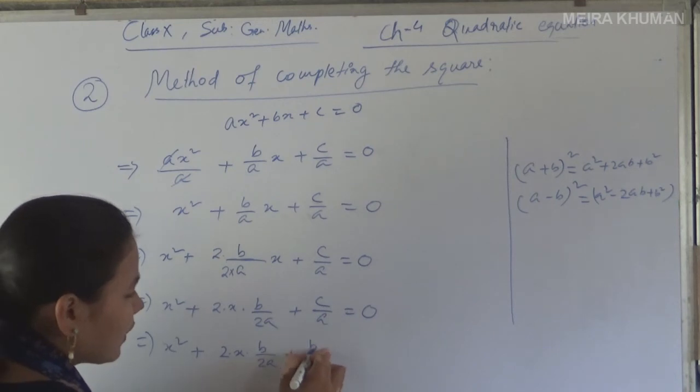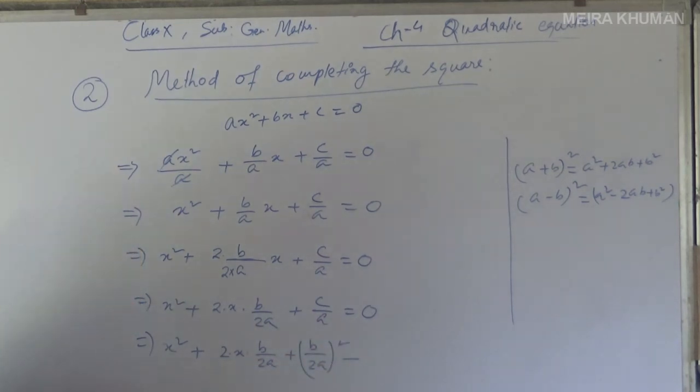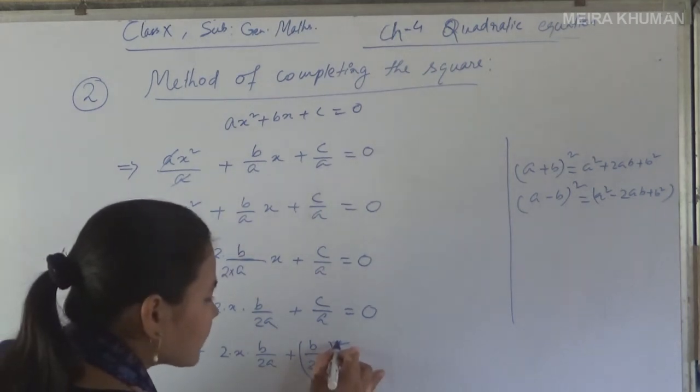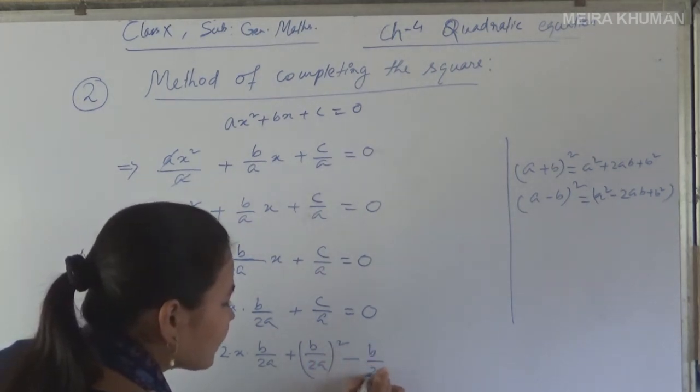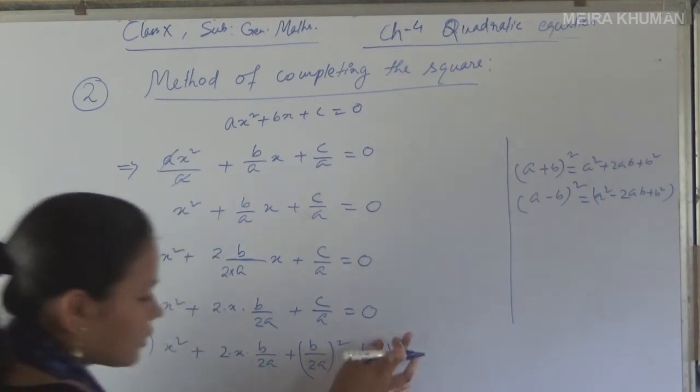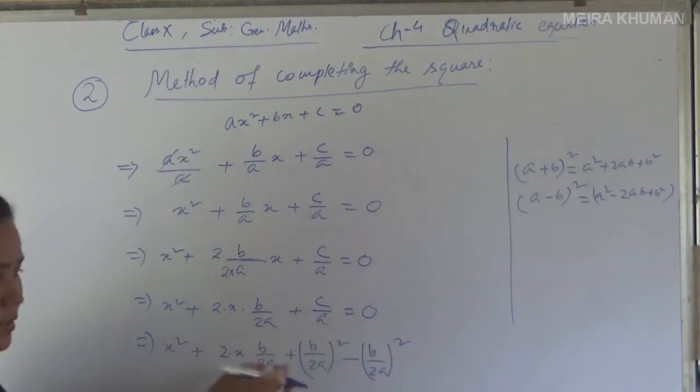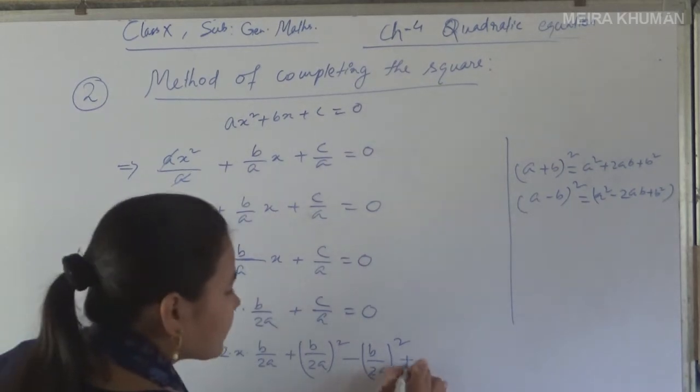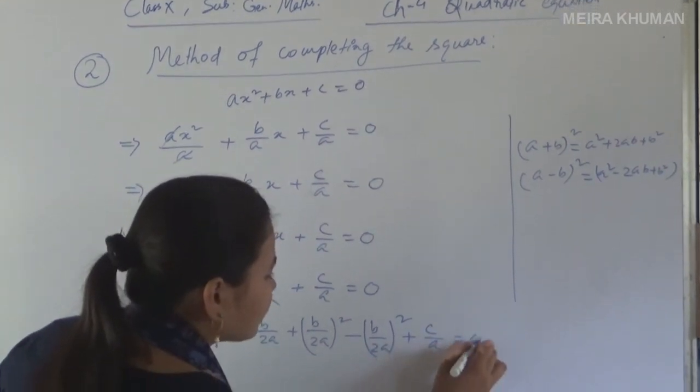Suppose here you add (b/2a) whole square, and again you should subtract (b/2a) whole square. After cancellation of plus and minus you will get 0, plus c by a equal to 0.